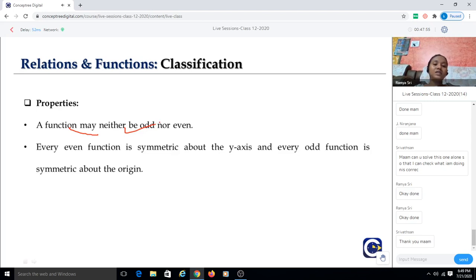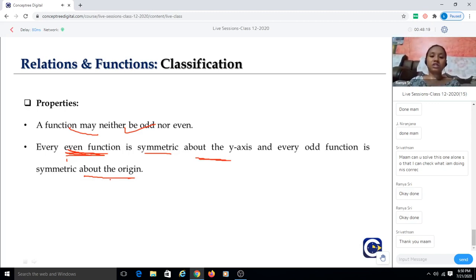Similarly, we have our second property, that is every even function is symmetric about the y-axis, and every odd function will be symmetric about the origin. So these are the two conditions we have to remember.